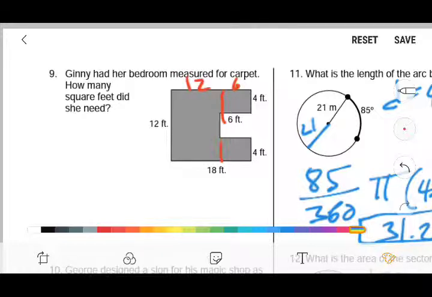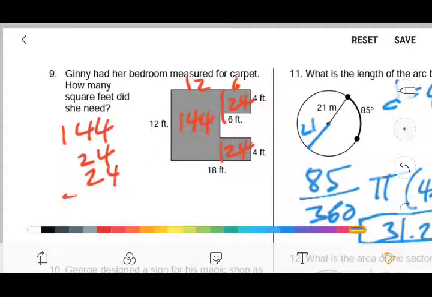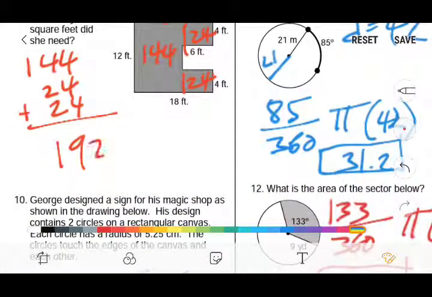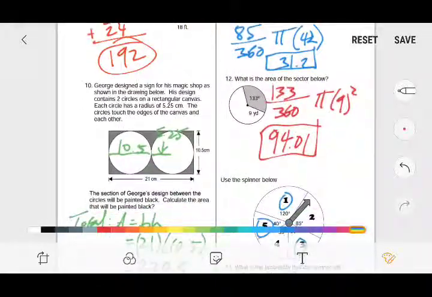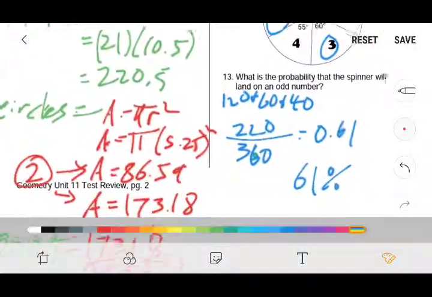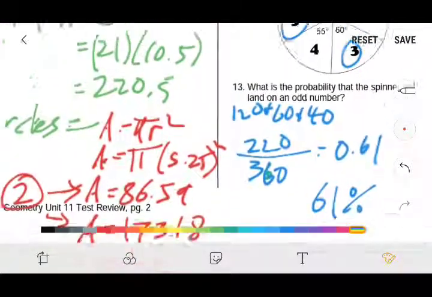Oh, it's not a very accurate picture, which means this is 144. 6 times 4 is 24. 6 times 4 is 24. So 144 plus 24 plus 24. We're adding these. That's 192. Okay, I think I got it all. Yeah, here we go. That's the second page.